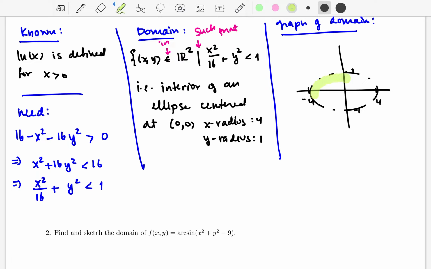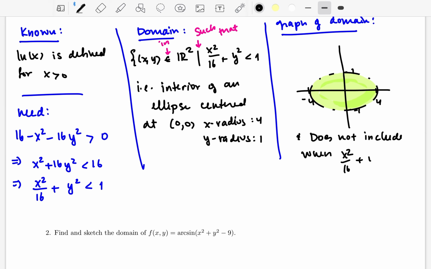I know there's a way to do this, but I don't remember, so I'm just going to do it old school. All right, perfect. So let me make sure that you understand it does not include the boundary, when x squared divided by 16 plus y squared is equal to 1, okay?